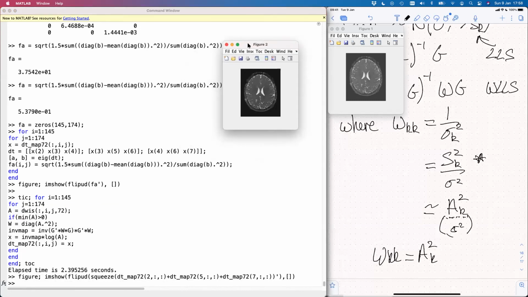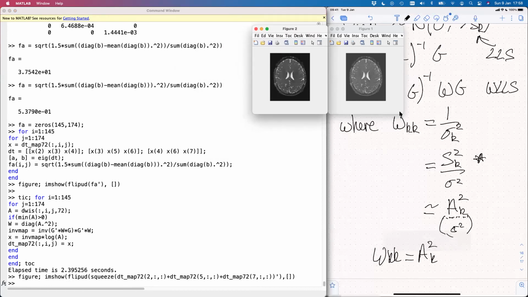So you can see it doesn't make a huge amount of difference, but there are noticeable differences there. You can see, for example, that the background is blacker in the weighted linear least squares, and that's because we're less sensitive to noisy pixels that give negative diffusivities. I mean, we could just remove those, of course. But it does that more naturally. And actually, if you do look closely, you can see that there are some differences.